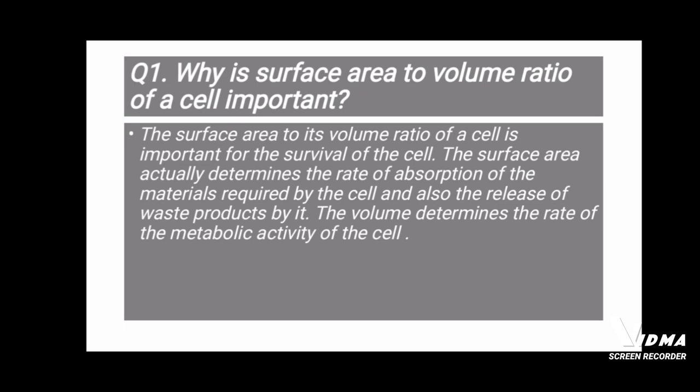The surface area determines the rate of absorption of the materials which are required by the cell and also the release of waste products by it. The volume determines the rate of metabolic activity of the cell. That is, the more the volume, the more will be the rate of metabolic activity of the cell.